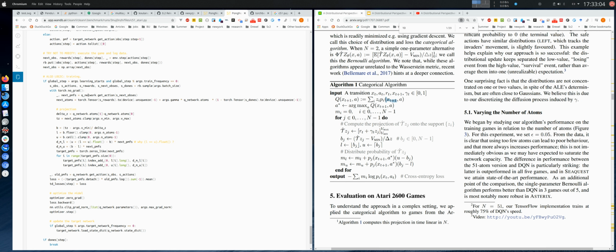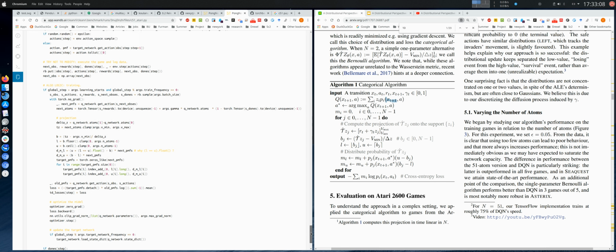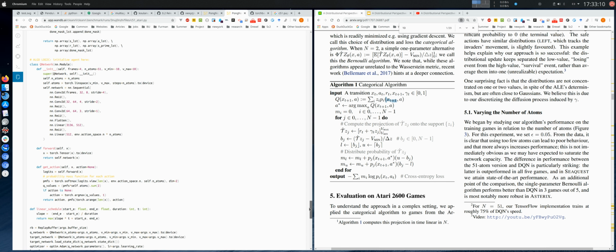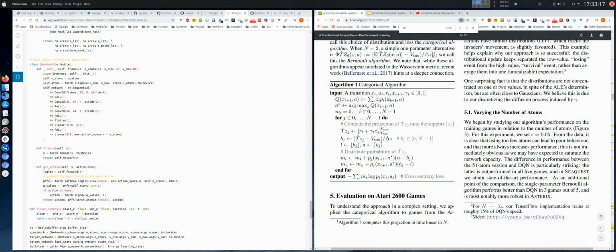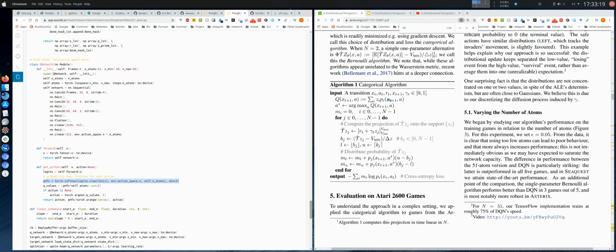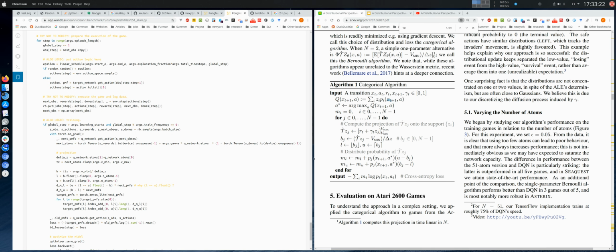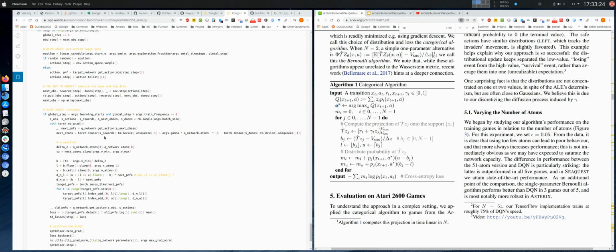Then we pass it into the Q network, which calculates the PMFs. We generate the logits based on the next observation, then we generate the PMFs, and then we return them. In this case, we don't need the new actions being generated, we just need the PMFs, so I just use the underscore instead of getting the actions.